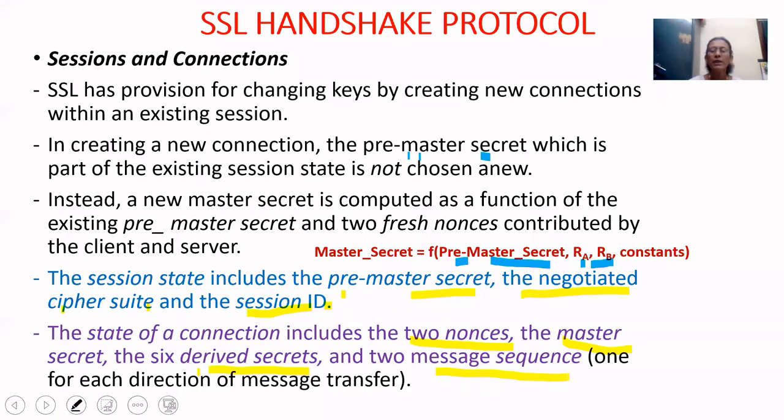The client maintains a message sequence number, the server also maintains another message sequence number. So these two together are also used to establish the state of a connection. So you have a session state, you have a connection state. Yeah, so this completes our handshake protocol.